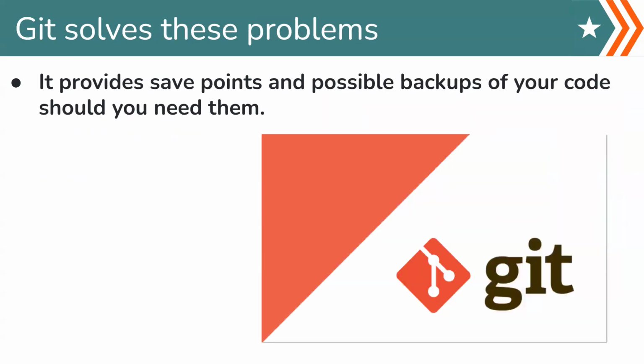So Git solves these problems. It provides safe points and possible backups of your code should you need them. And it's going to happen, right? It's going to happen when you get into the Mercer program, when you're working on your personal projects or your group projects. So when I was going through Platoon, our group project, typically what you have to do is pitch an idea of what kind of project you want to do for your group work.